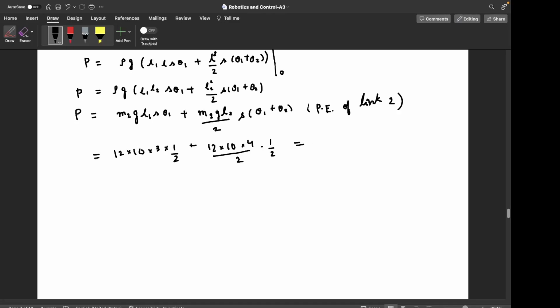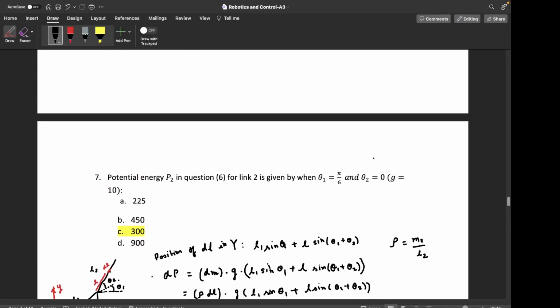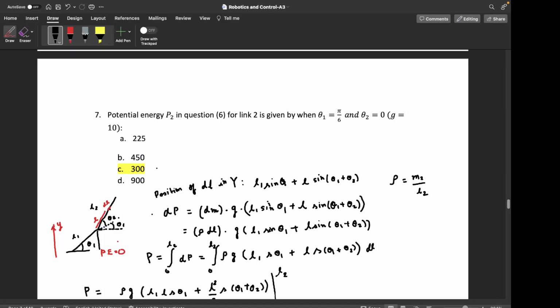And this you can see, the first term is 180 plus the second term is 120, right? Yeah, 300 joules. I think, yeah, the option is that only, 300.